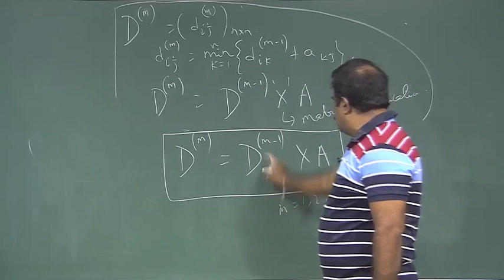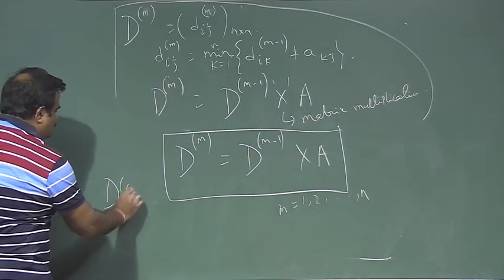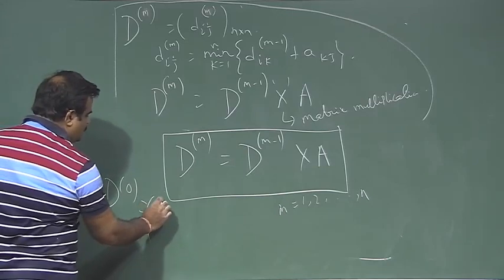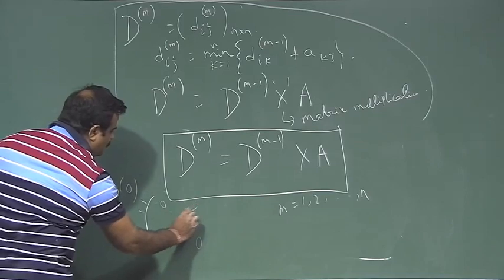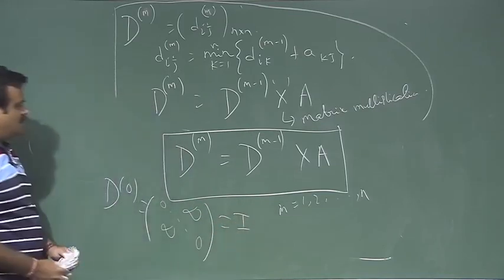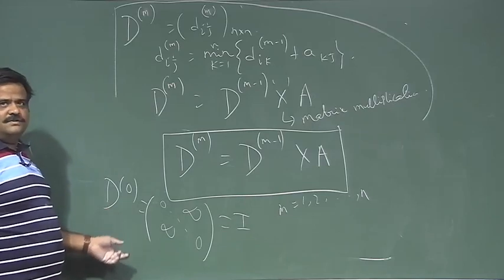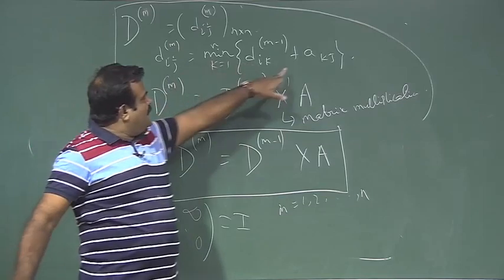If we put m equal to 1, what is D^0? We know D^0 is this matrix, whose diagonal elements are all 0 and off-diagonal elements are all infinity. This serves as an identity matrix, which we can check under these two operations: our operations are minimum and plus.